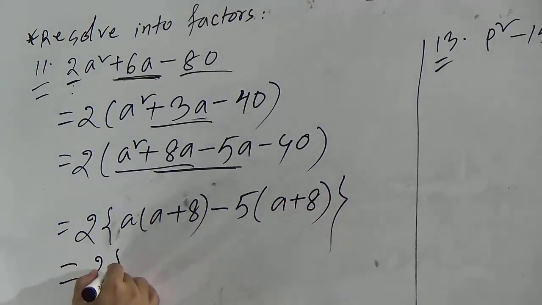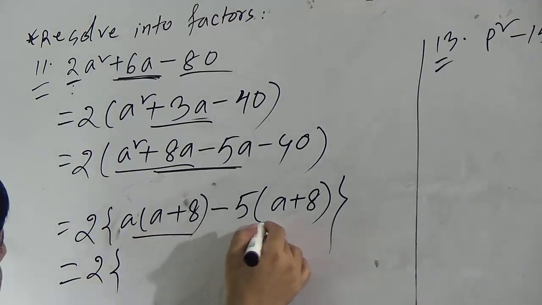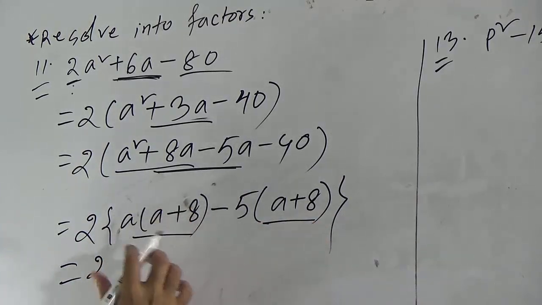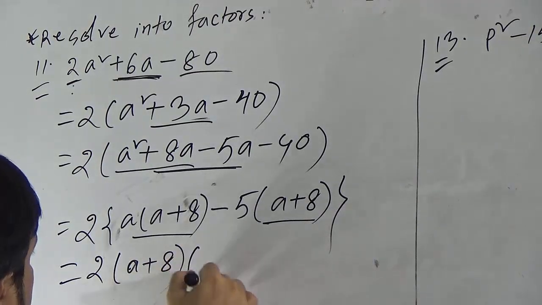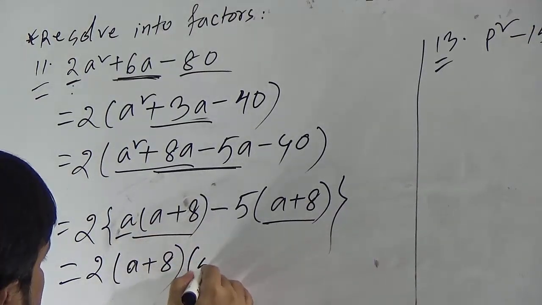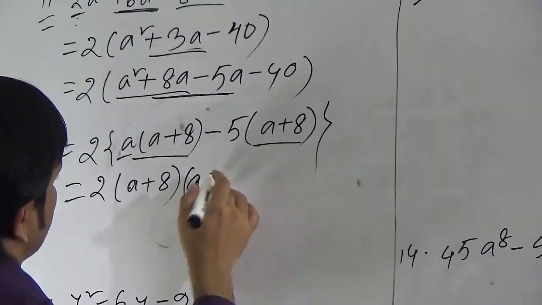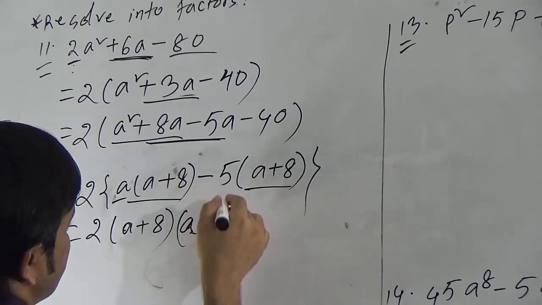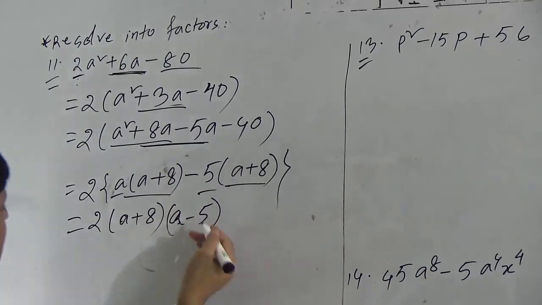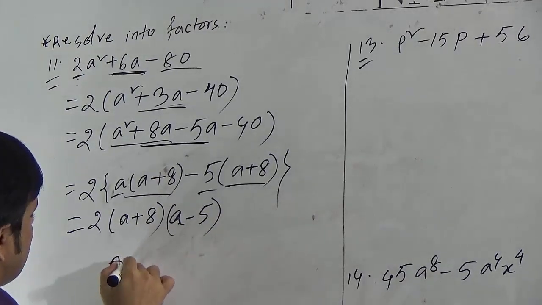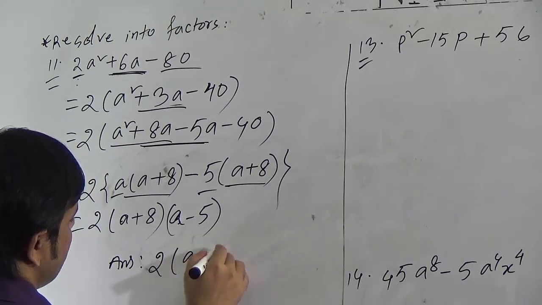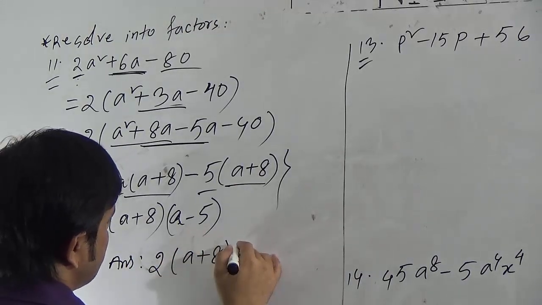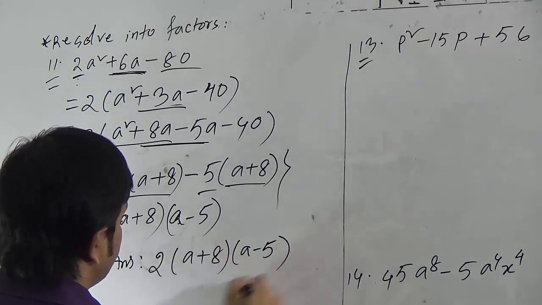Then take a plus 8 as common. Then a will remain here and minus 5 will remain here. So we can write our required answer for the first expression: 2 into a plus 8 into a minus 5.